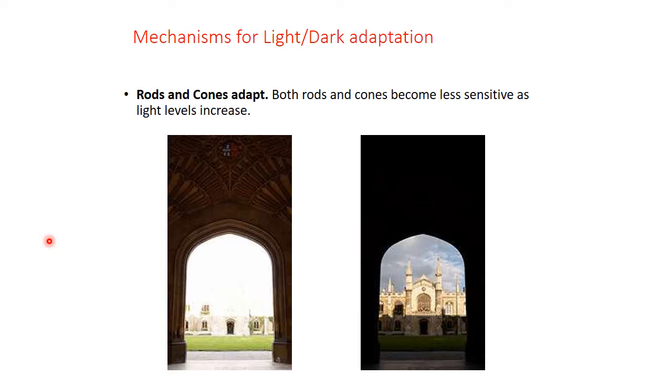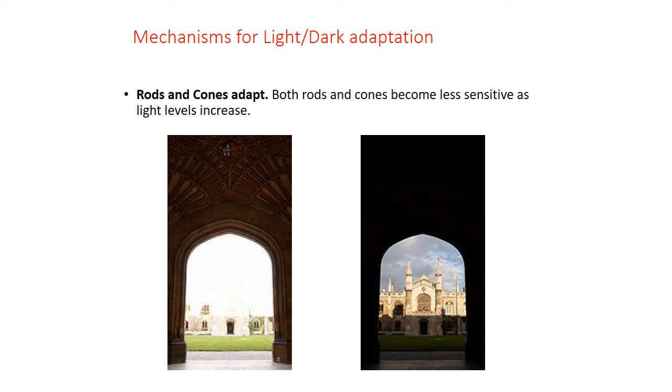For example, if you're in a dark environment and suddenly you move to an environment with a lot of light, after a few minutes your visual system adapts, and somehow it is able to detect shape and color of objects by decreasing the gain of your visual system.